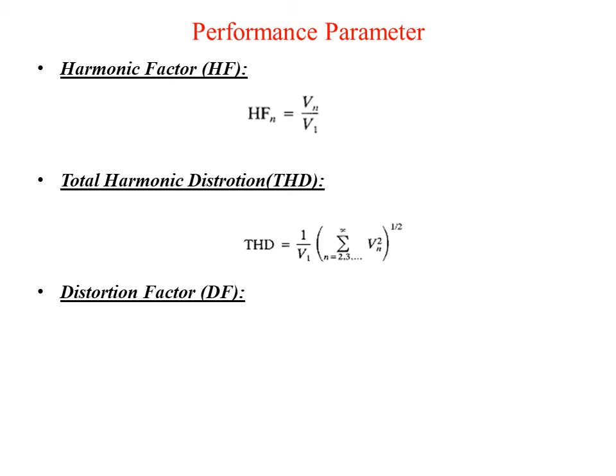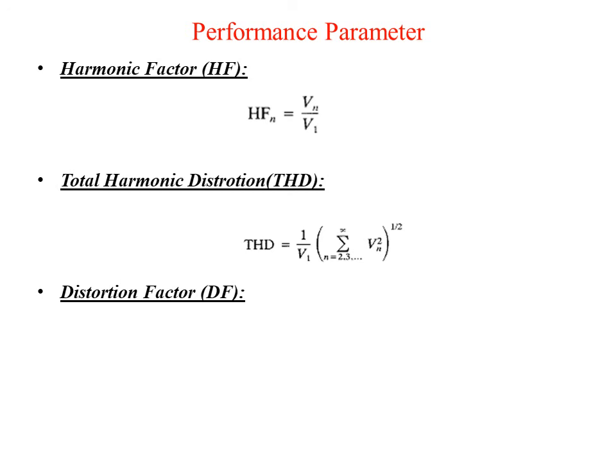Therefore, a knowledge of both the frequency and magnitude of each harmonic component is important. The distortion factor indicates the amount of harmonic distortion that remains in a particular waveform after the harmonics of that waveform have been subjected to second order attenuation, that is divided by n square.